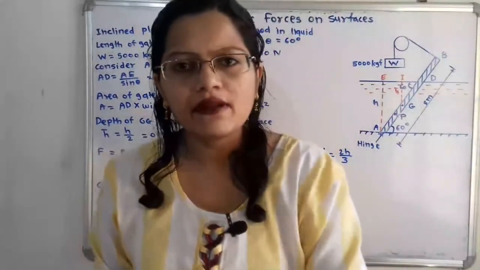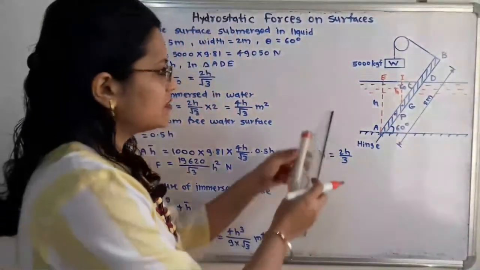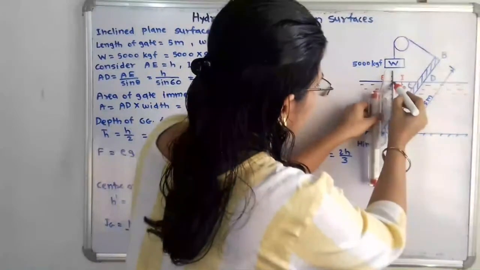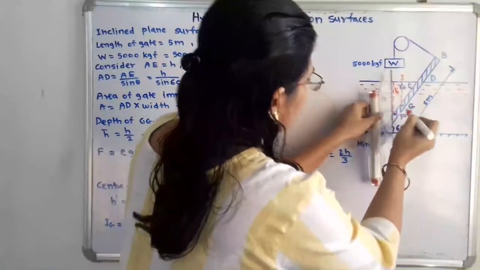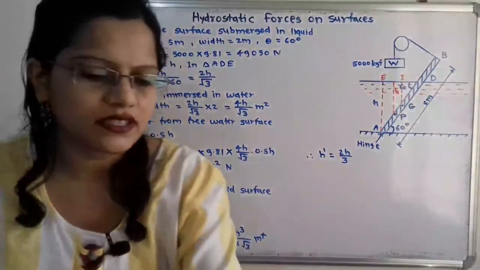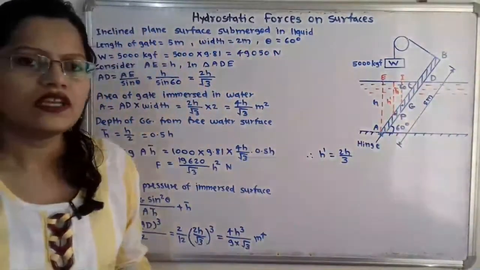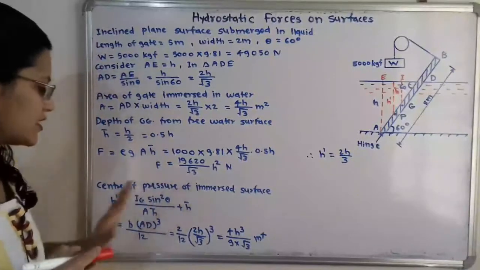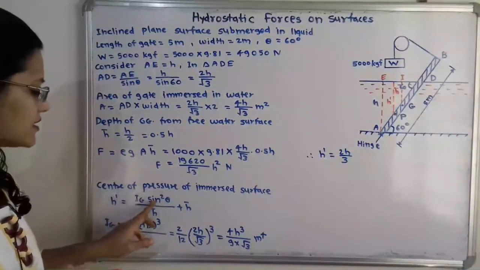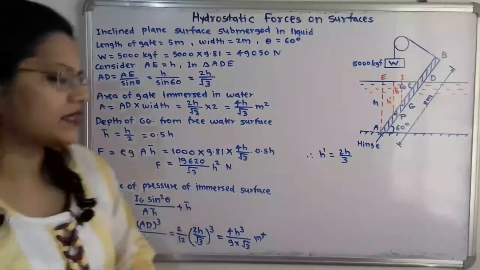So again I will make here one construction. And this distance we will say h dash. So what is the formula for h dash? So h dash is equal to Ig sin square theta by A h bar plus h bar.